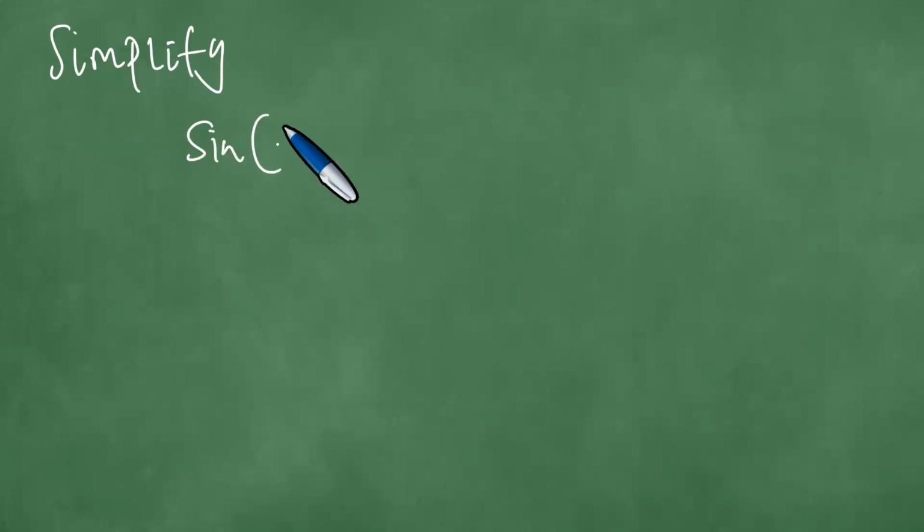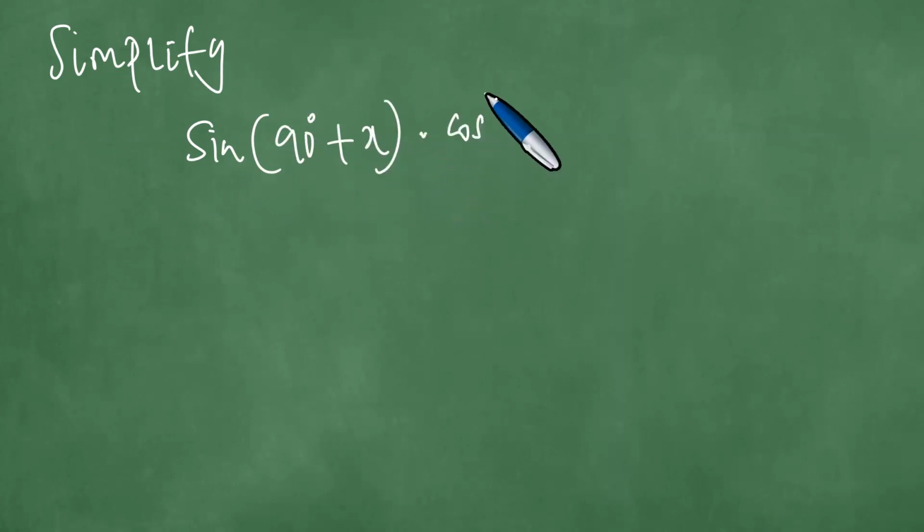the sine of (90 degrees plus x) times cosine squared of (90 degrees minus x).